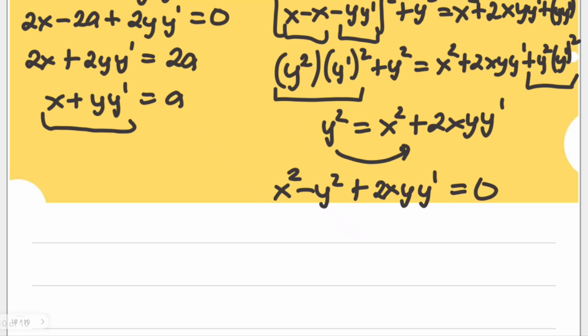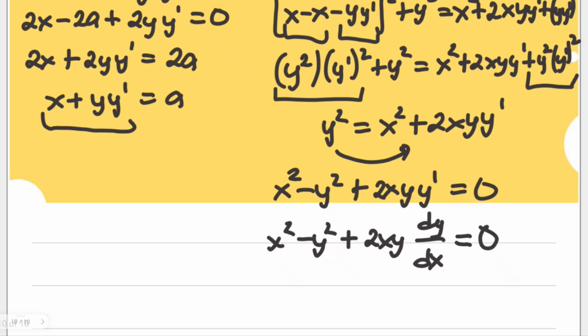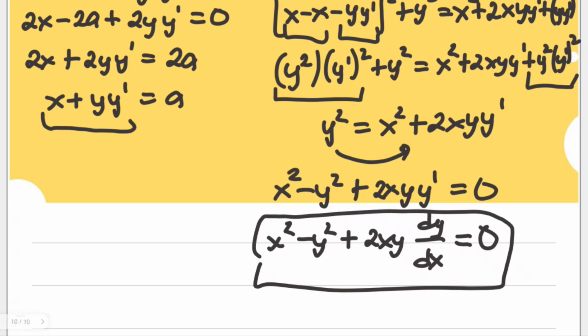Or as mentioned earlier, you can rewrite it in this manner, 2xy and the symbol for derivative of y in terms of x equal to 0. This is now an equation without the variable a. And this is actually already an acceptable form for our process where we involve a certain removal of a constant.